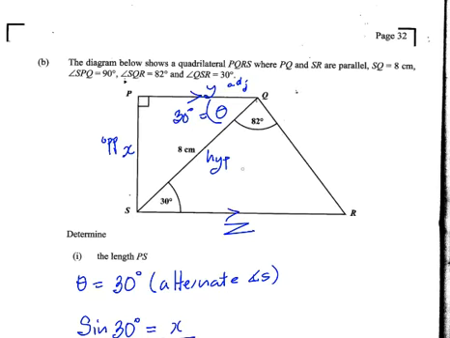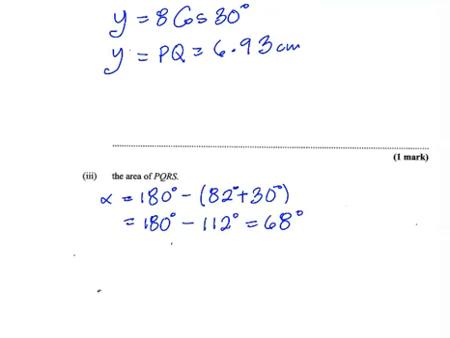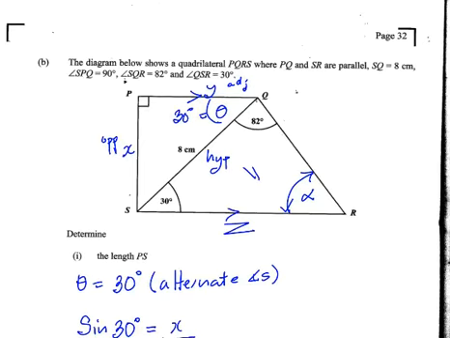All right, so 68 degrees is the angle that is opposite to the 8 centimeters. So using the sine rule, I can say that Z. Let's go back to our diagram just so it's clear in our head. Z, which is this side, is opposite to the 82 degrees.